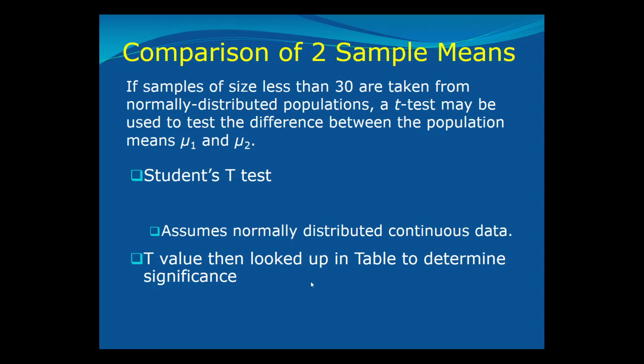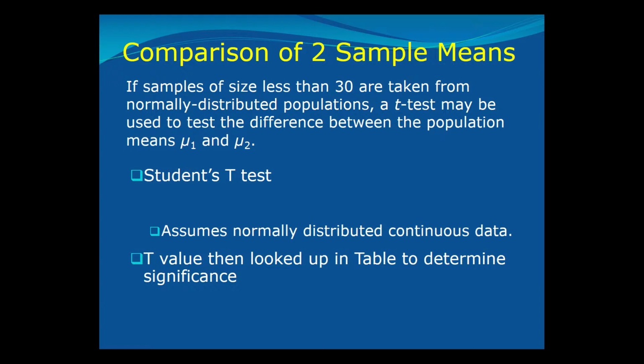If samples of size less than 30 are taken from a normally distributed population, a t-test may be used to test the difference between the population means mu1 and mu2. So according to the type of distribution, we should use a parametric or non-parametric test.